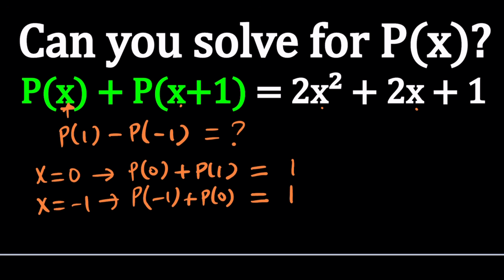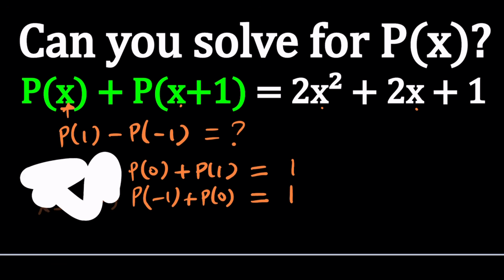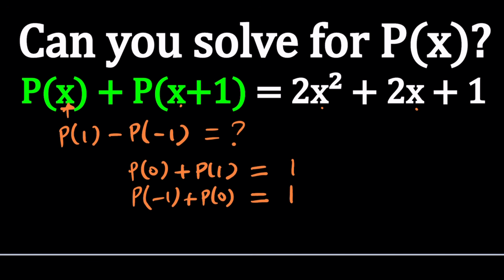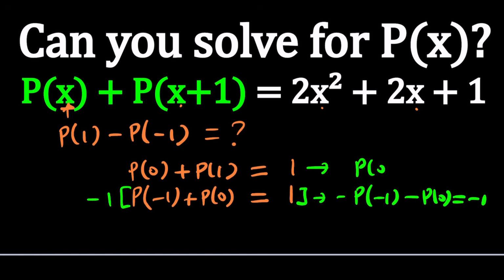And here's the critical part. Since you're looking for p of 1 minus p of negative 1, all you have to do is first clear this area and then multiply the second equation by negative 1, and that should give you negative p of negative 1 minus p of 0 equals negative 1, and just copy the first equation, which is p of 0 plus p of 1 equals 1, and then add these equations up.